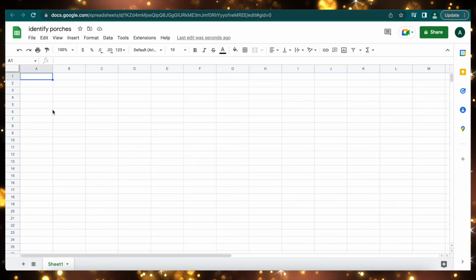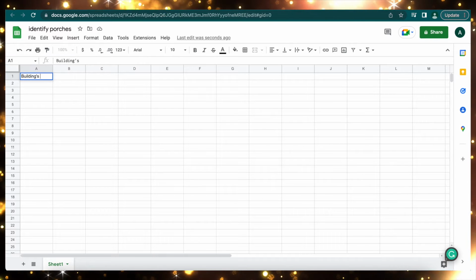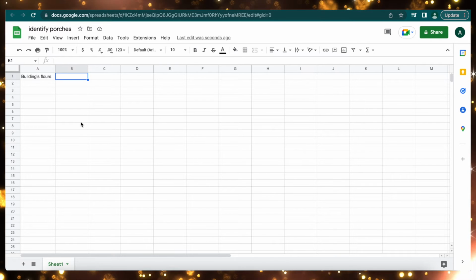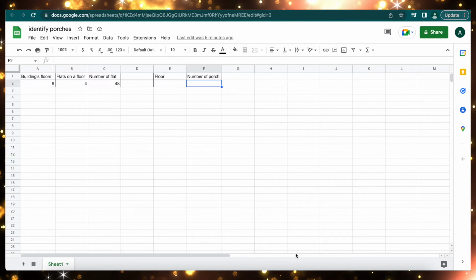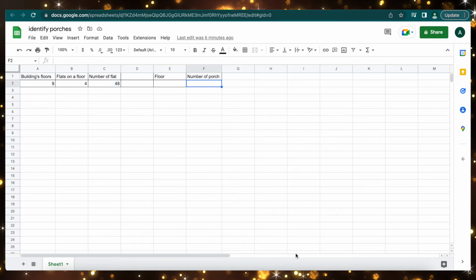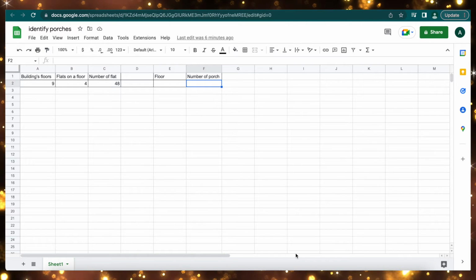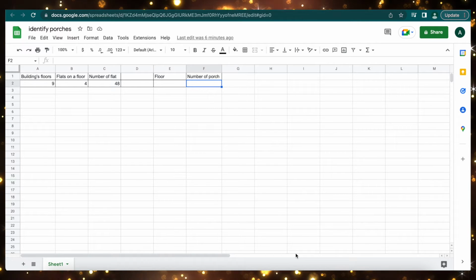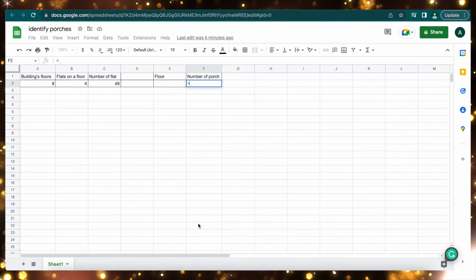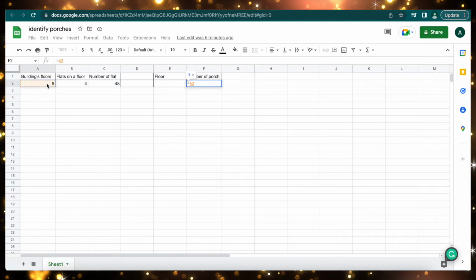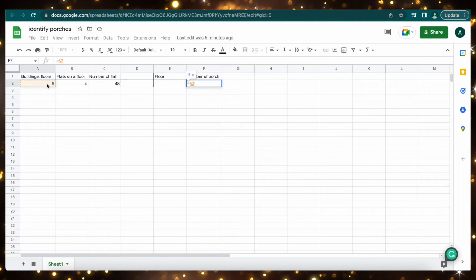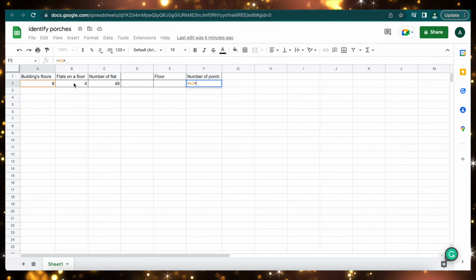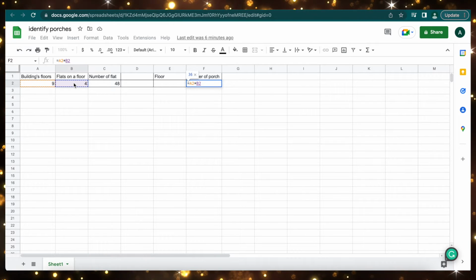For example, we have a building with floors. And I fill a small table, after that I come back to the video. So first of all, we have to know how many flats or apartments are in each porch. For example, equal to the count of floors in each porch, we can multiply by the count of flats on each floor.